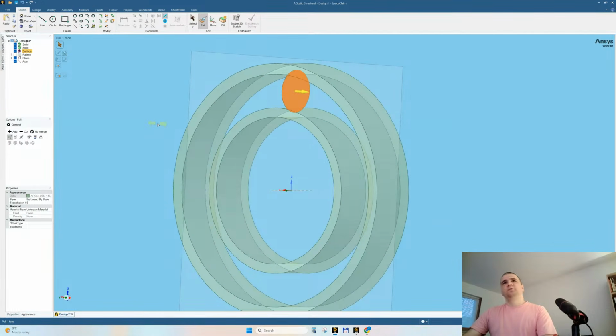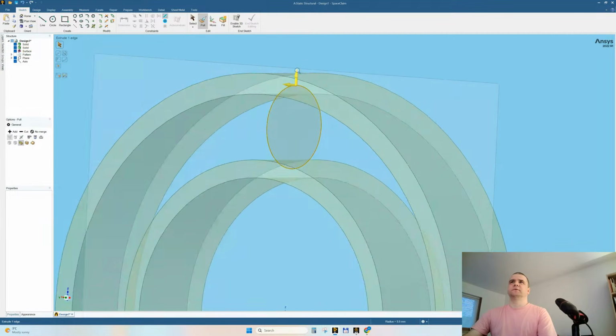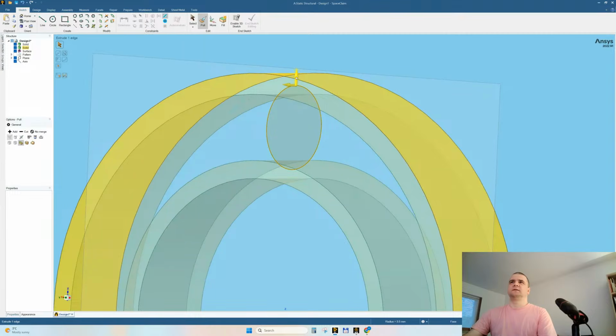Because we will need to have a gap, an allowance between the groove and the ball, we'll need to increase a little the diameter of this disc. Yes, just a little. Okay. How much? 0.1 or 0.05. Let's see with 0.05.